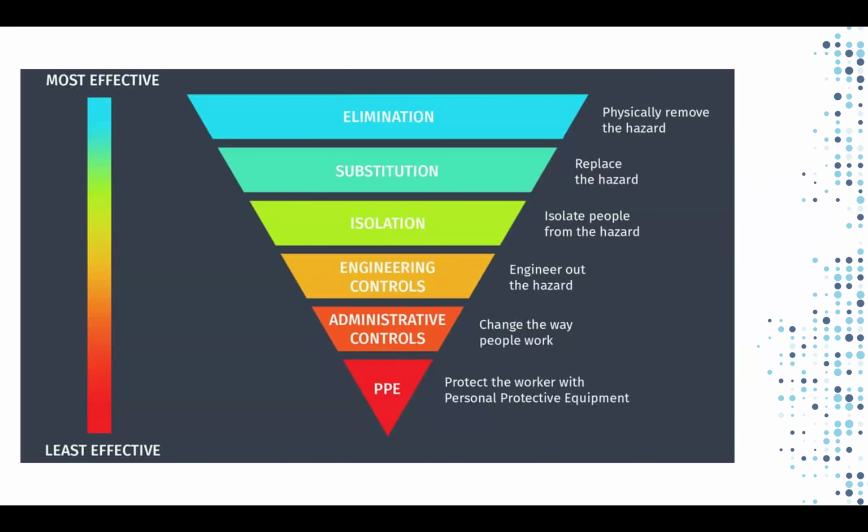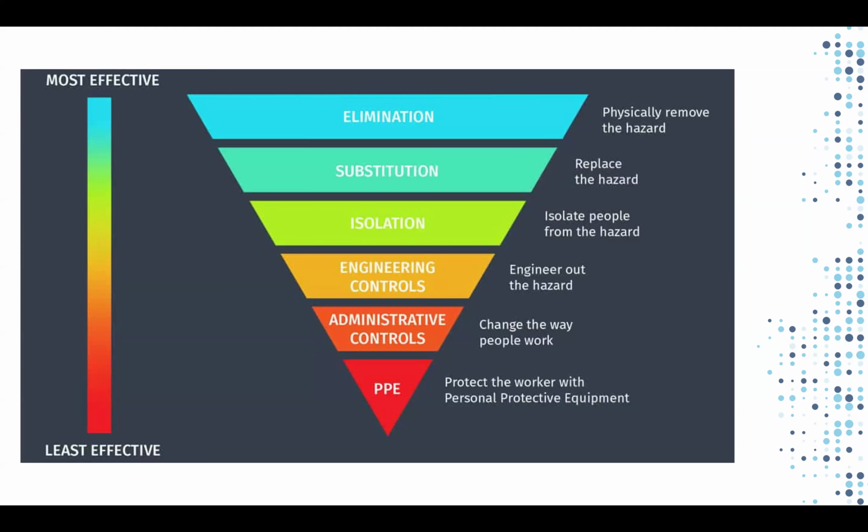So when you go and implement your controls, you want to follow the hierarchy of controls, which of course is, again, respirators are that very last line. So anything you can do to actually physically remove the hazard, so eliminate it. If there's something you can do to substitute, maybe you're using a chemical for something that's less hazardous. If you can separate the people from the hazard, so isolation.